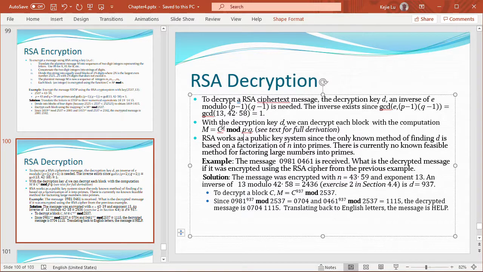So again, these c, d, and n are all very large numbers, right? So as a result, when we are implementing these RSA encryption and decryption algorithms, we have to make sure that we are using the efficient algorithm, that is the binary exponentiation algorithm.